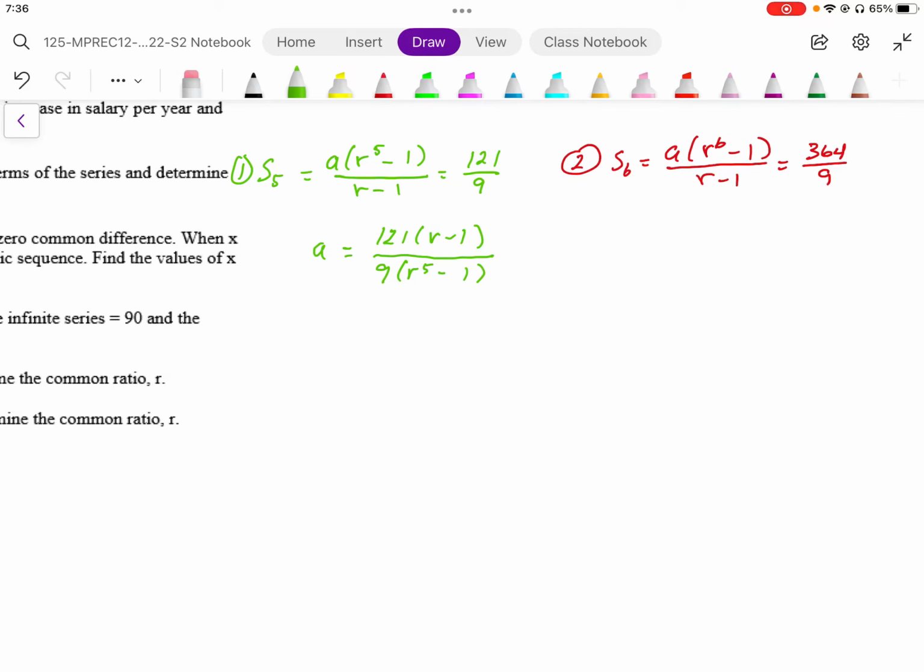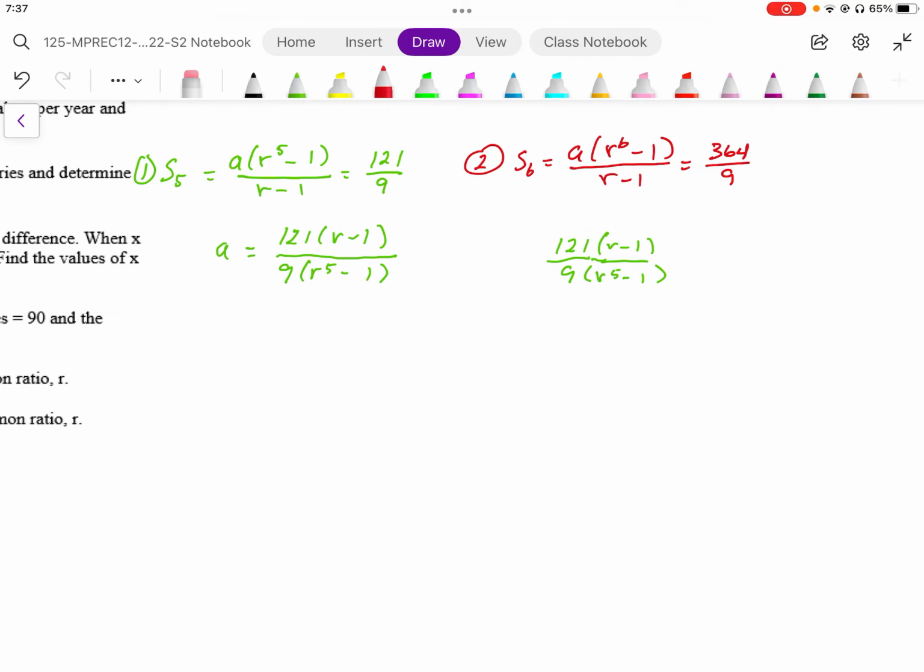So I'm going to start with the A value here. I'm going to substitute A as 121 times (R minus 1) over 9 times (R^5 minus 1). Keep that in factors.